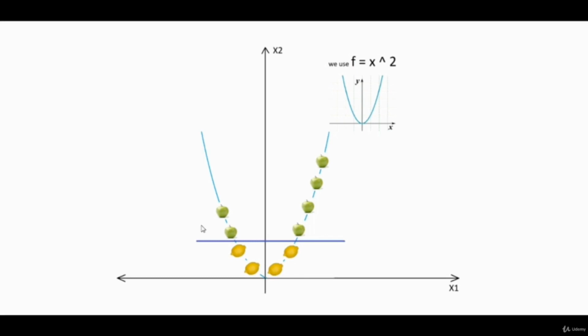You can see that the green apples and yellow lemons are now separate. They were not linearly separable, they are now separate because of adding a new function by adding another dimensionality into it, which means we are making this 2D space into a 3D space by adding another dimension.